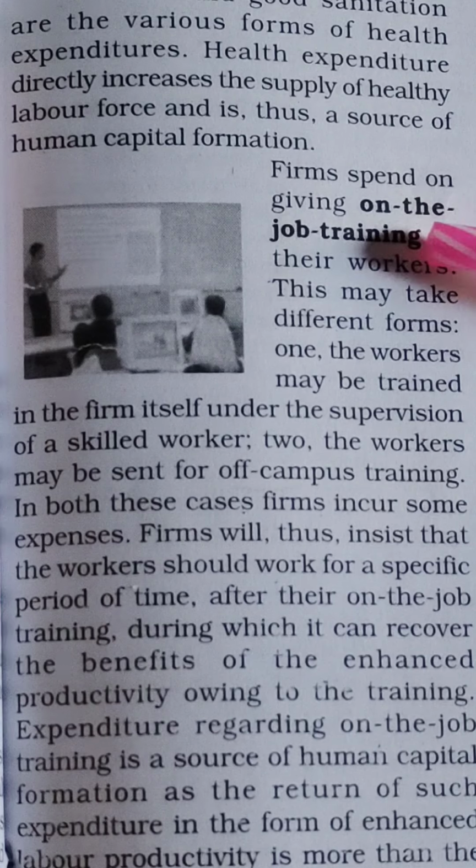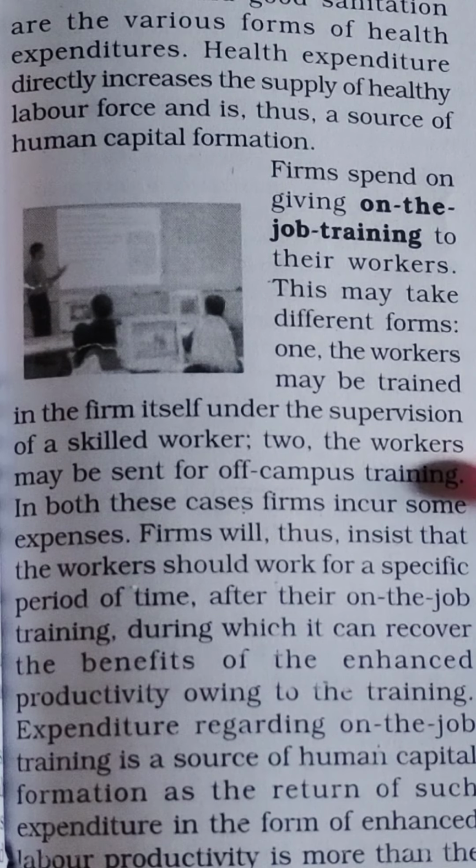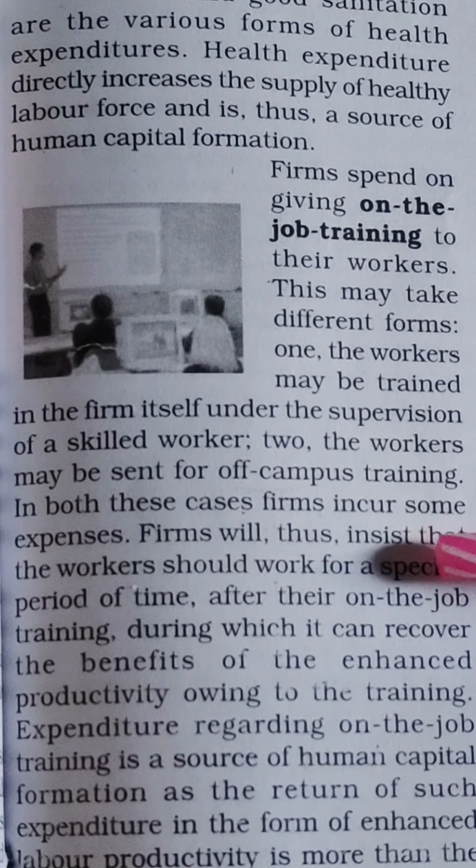Firms spend on giving on-the-job training to their workers. This may take different forms. One, the workers may be trained in the firm under the supervision of a skilled worker. Two, the workers may be sent for off-campus training. In both these cases, firms incur some expenses.